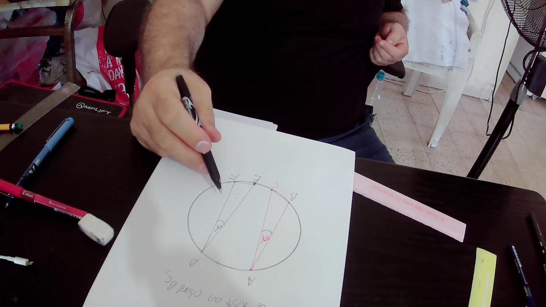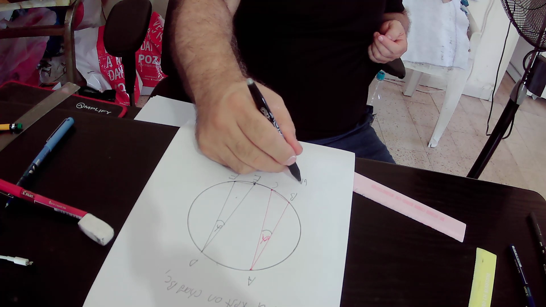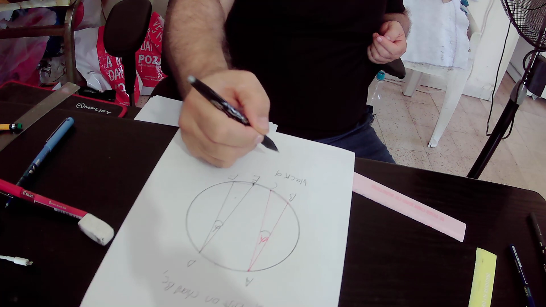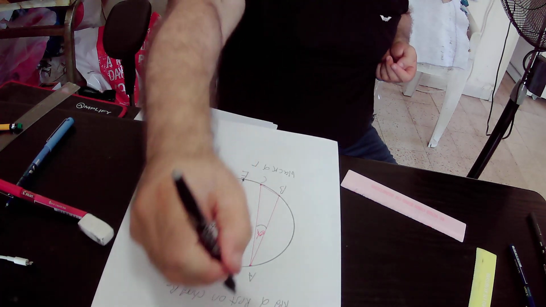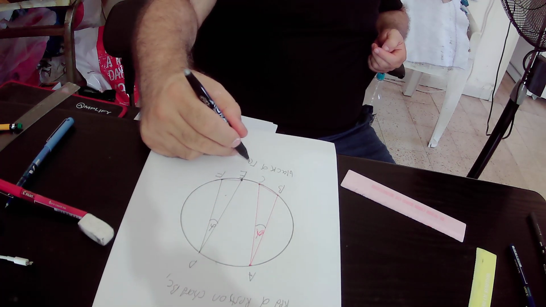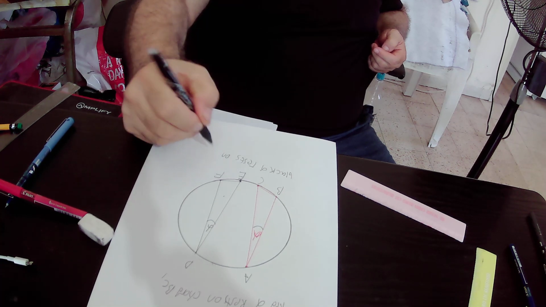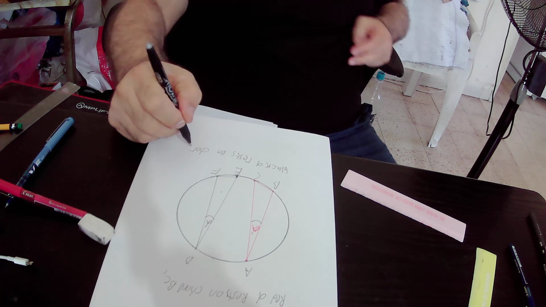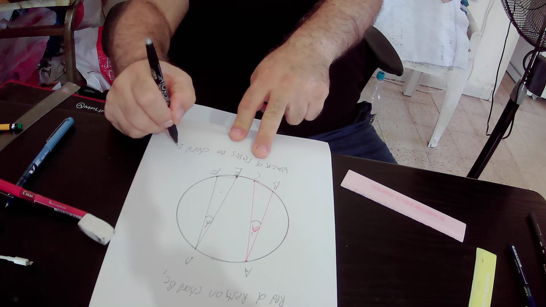The peripheral angle alpha in the black color, black alpha, rests on chord EF.